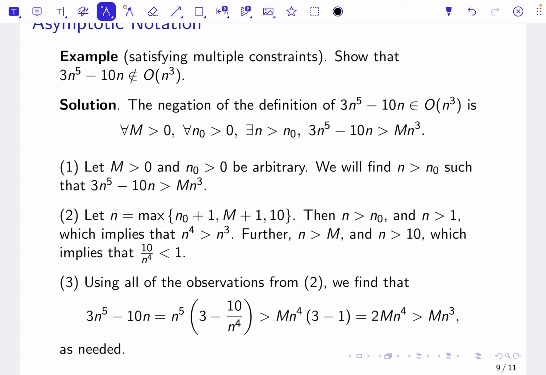For any m and n naught that you attempt to choose, there will exist an n greater than n naught that will mess up your inequality.